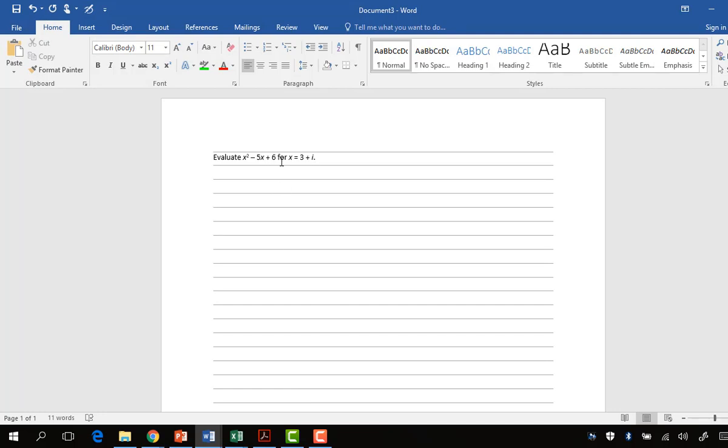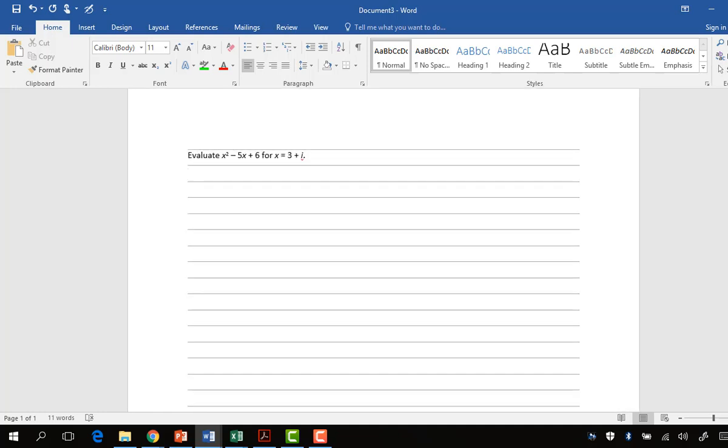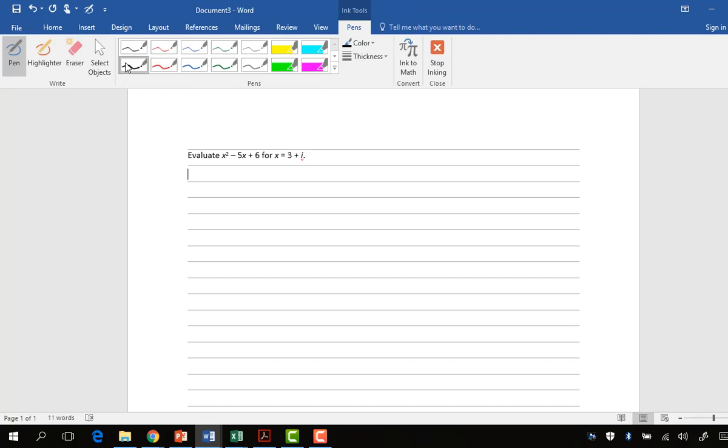We actually have an imaginary number that we are going to use as our x, and we're going to treat that just like we would treat any number, keeping in mind that it does have the imaginary unit i.